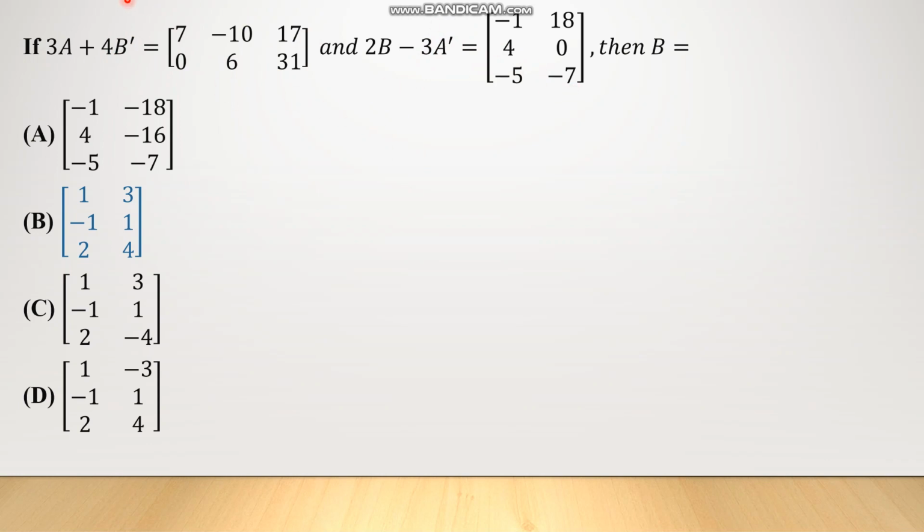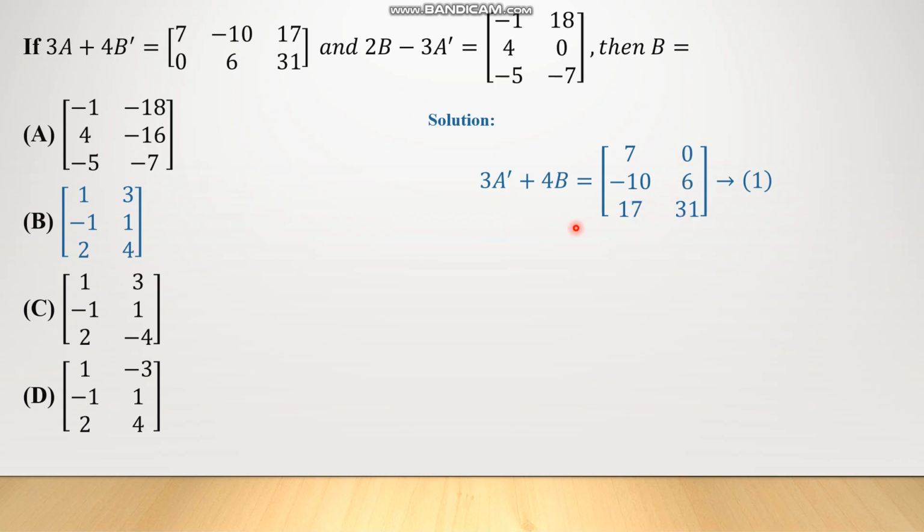So what we do is, we will take the transpose of the whole first equation. Then what happens? As you know, the transpose of A is A dash, 3 won't change. Transpose of B dash is B, and the transpose of this matrix will be 7 0 minus 10 6 17 31.